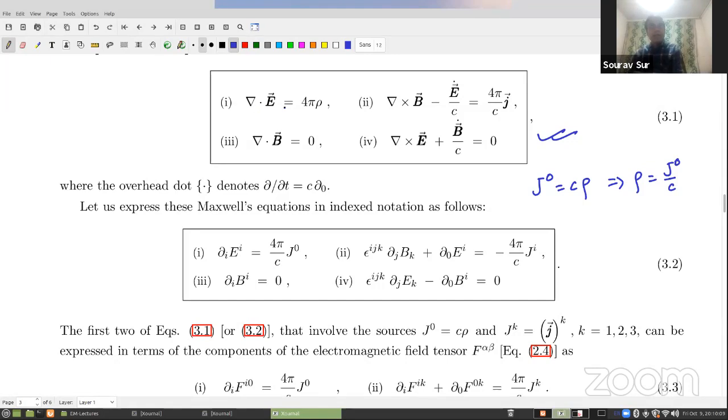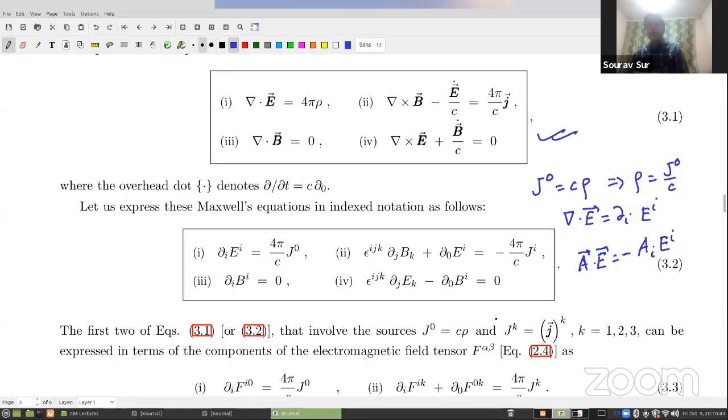And divergence of E is del i Ei. Now you can ask, why is there no minus sign? Because when I write something like A dot E, then this is minus Ai Ei. But for divergence of E, I write plus del i Ei.